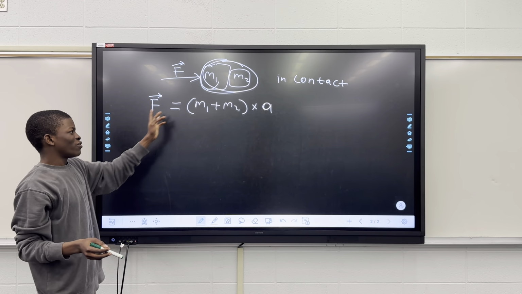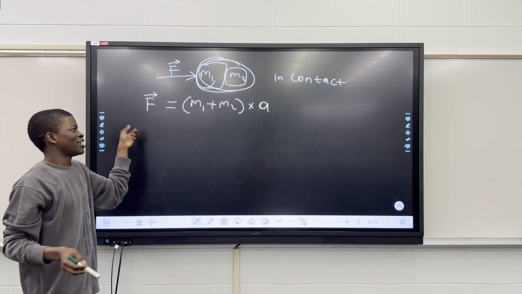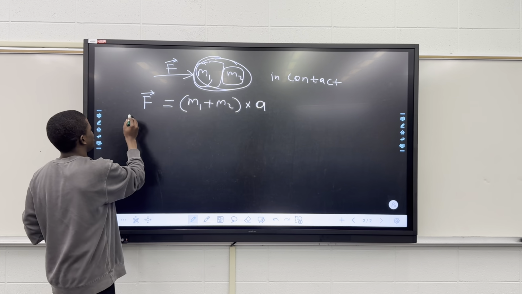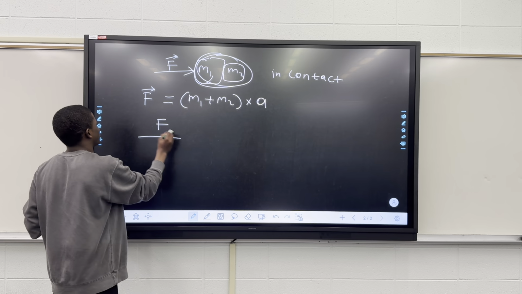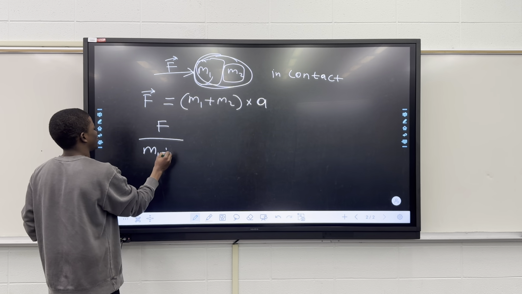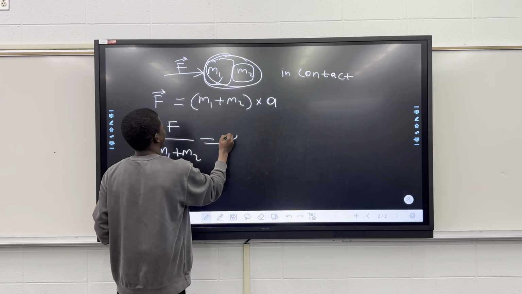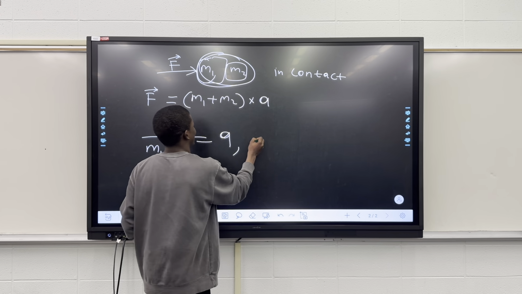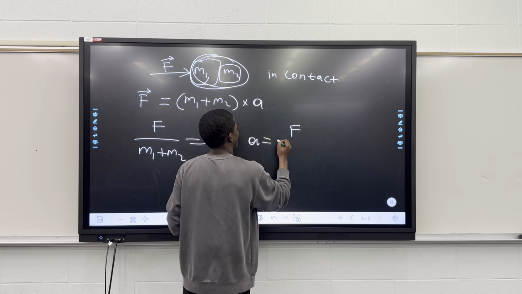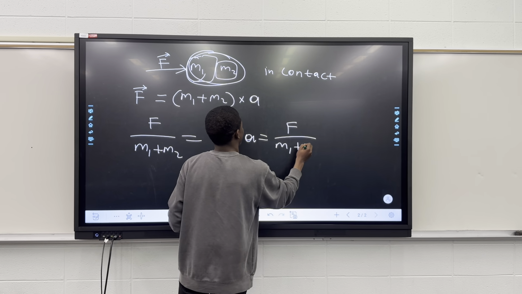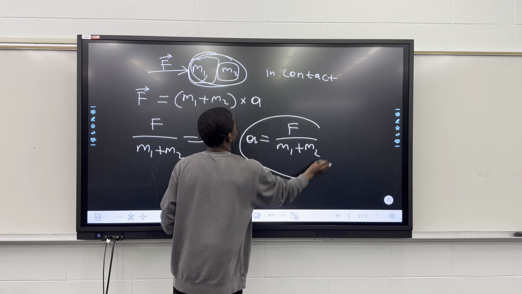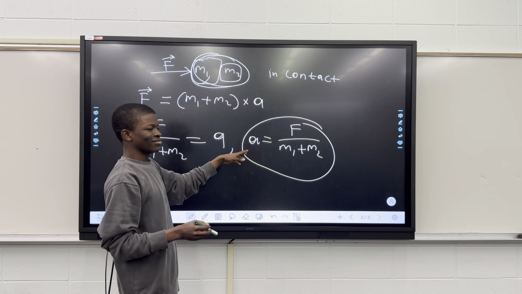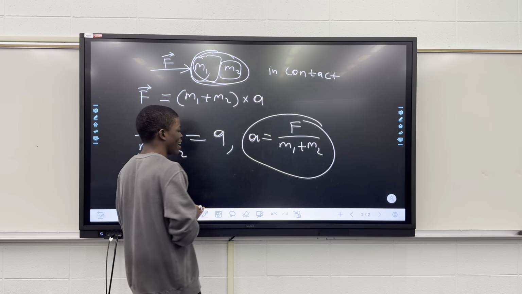To solve for the acceleration, we divide both sides by the sum of the masses, so F over M1 plus M2 equals A, or A equals F over M1 plus M2. This will be the acceleration of the whole system.